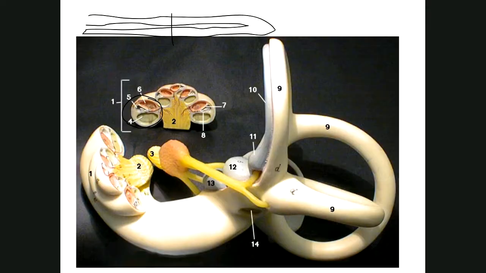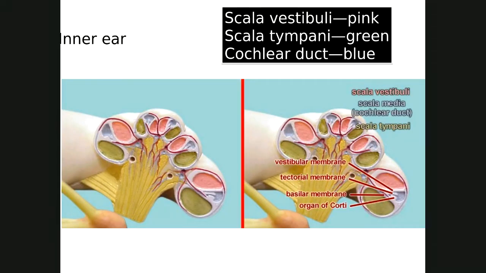Well, if I were to show that, again, here it is. So this chamber, this chamber, this chamber is the same. Well, all of the green ones are the scala tympani. And all of the pink ones are the scala vestibuli.